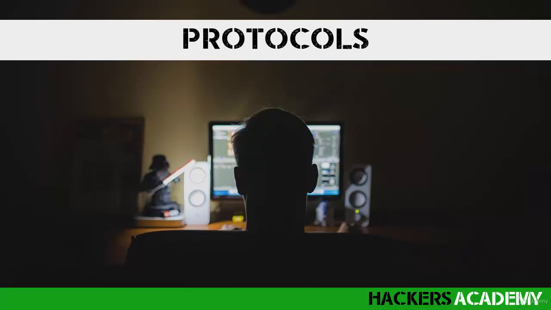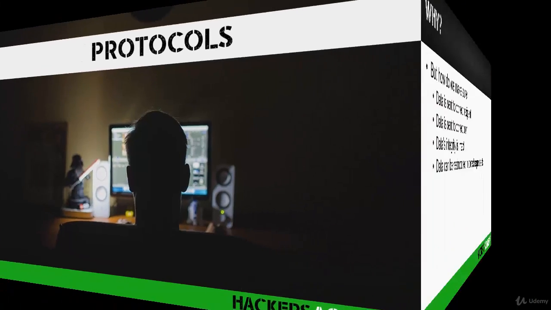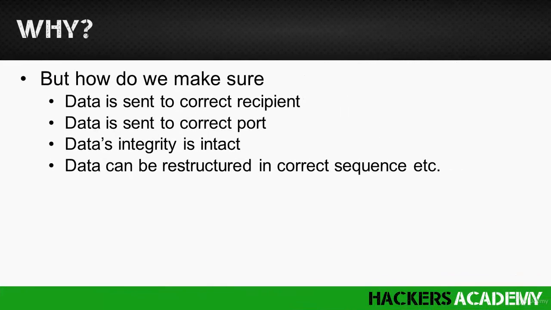Because there are some questions that we need to be asking ourselves right now. The first obvious question is, how do we make sure that the data is being sent to the correct recipient? Do I just blast the data out on the internet and hope that the recipient will get it? How do I know that it's being sent to the correct port? We mentioned earlier that some servers would be providing more than one service, for example, email and web.